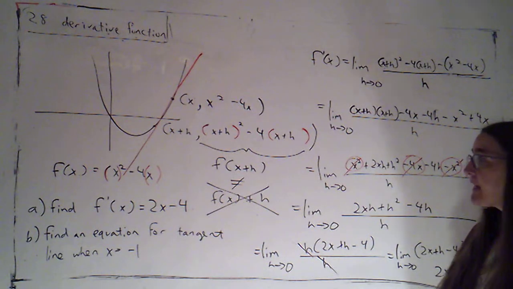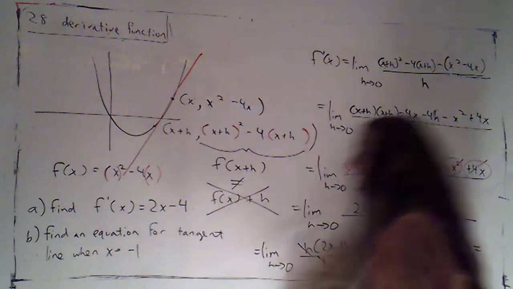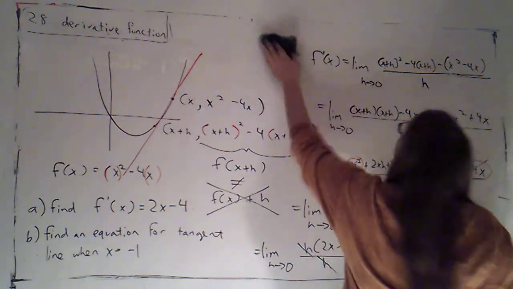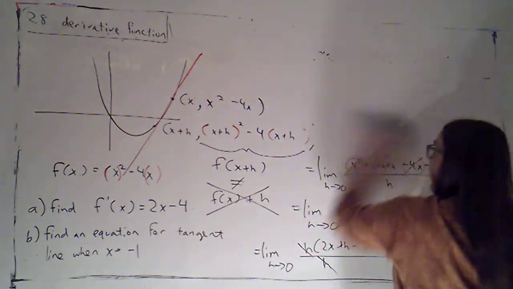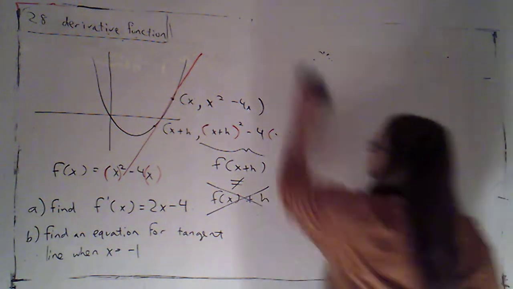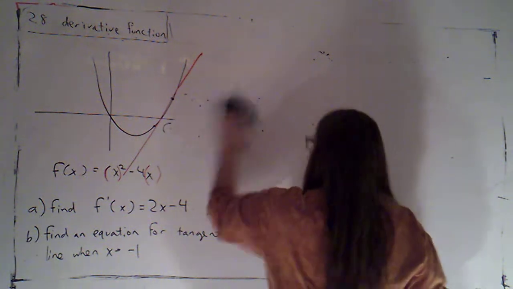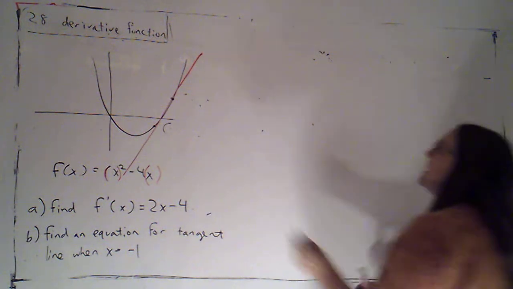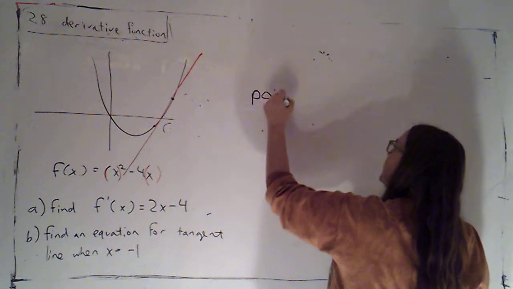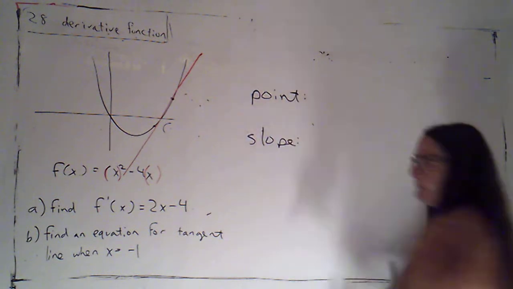Excellent. Okay, the second part of the question, we wanted to find an equation for the tangent line when x was equal to negative 1. Okay, so to find a line, I need two things. I need a point and I need the slope.